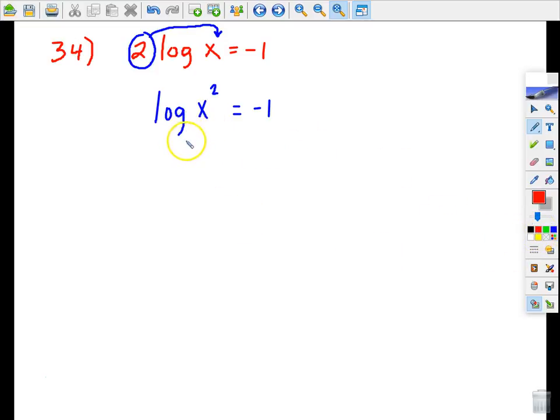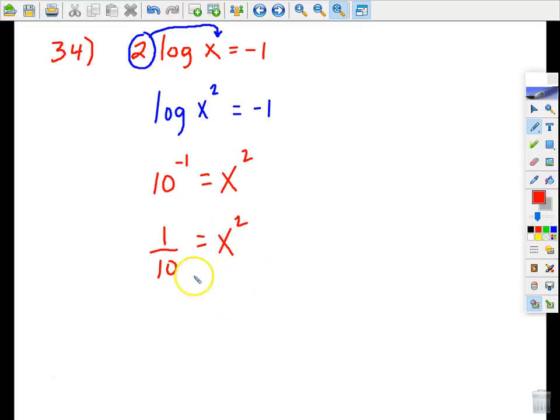So remember, if there is no base showing, it's 10 as a base. Since logarithms are exponents, the logarithm equation will always equal the exponent. So my exponent for 10 will be -1, and I'm going to let that equal x squared. Okay, well, hopefully you know that 10 to the -1 is really 1/10.